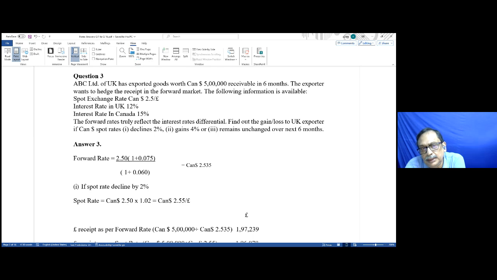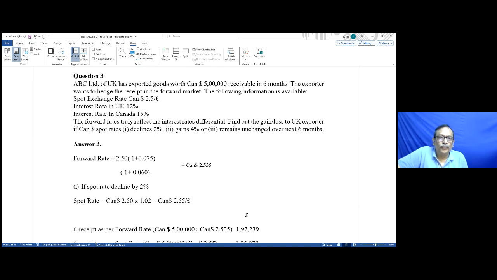Then for 6 months, it will be 7.5%, which is equivalent to 0.075. And if we divide this by, that is 6%, that is 1 plus 0.060, then we get Canadian dollar 2.535. So that is the forward rate.